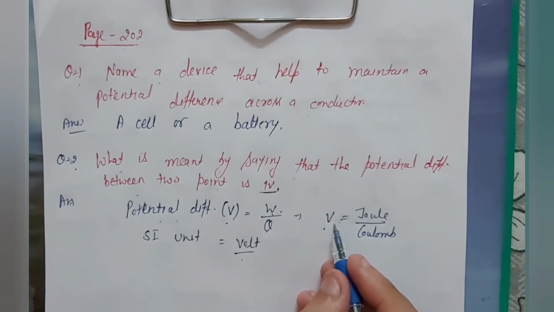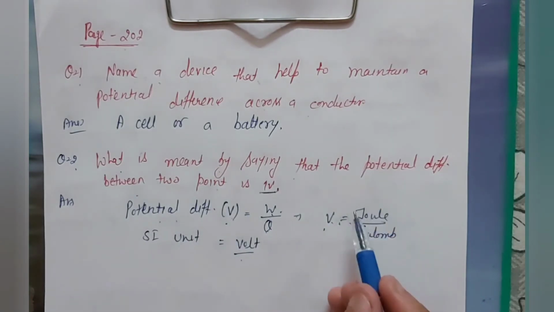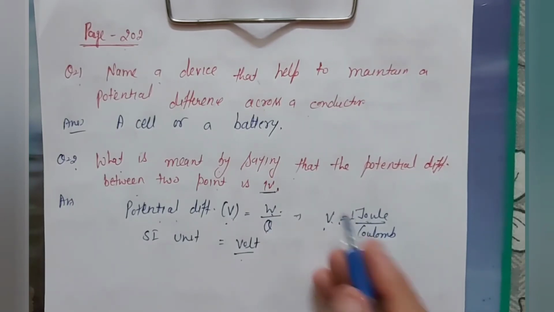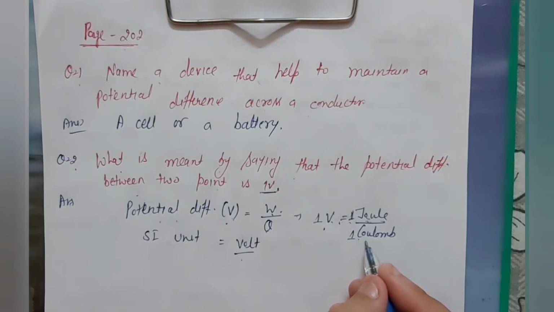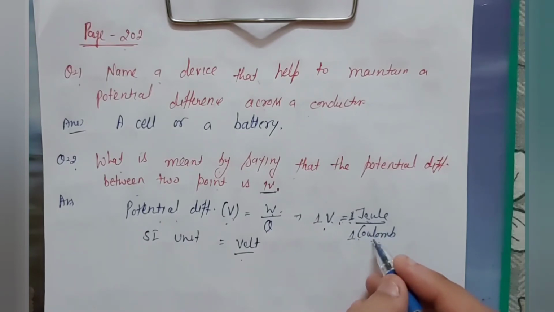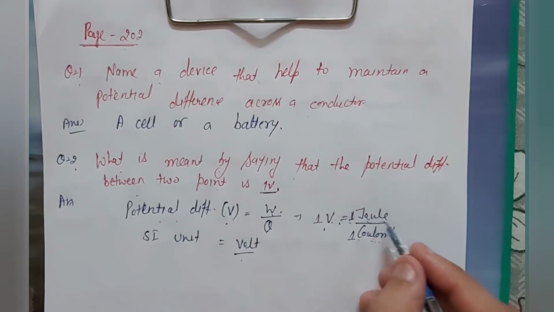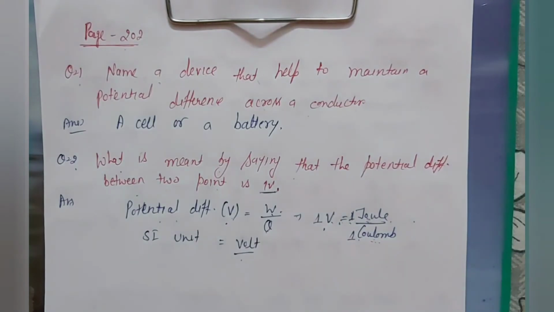We can say that potential difference between 2 points in a current carrying conductor is said to be 1 volt when 1 joule of work is done in carrying a charge of 1 coulomb between the 2 points. That means when 1 joule of work has to be done to carry 1 coulomb of charge from one point to another, then it is said to be 1 volt.